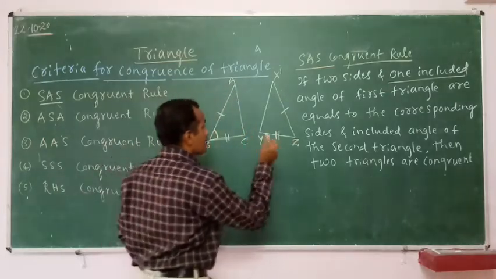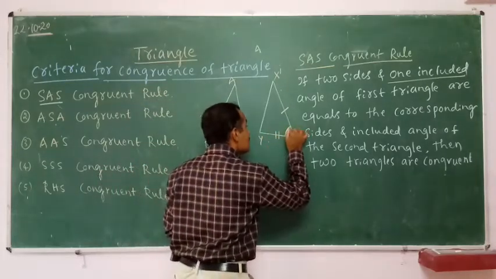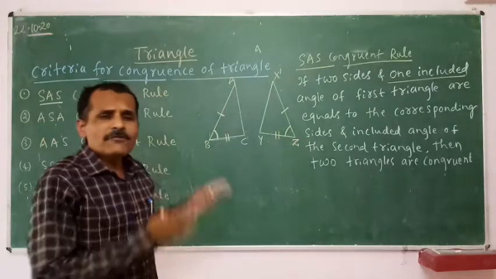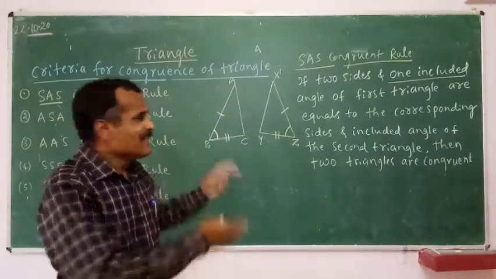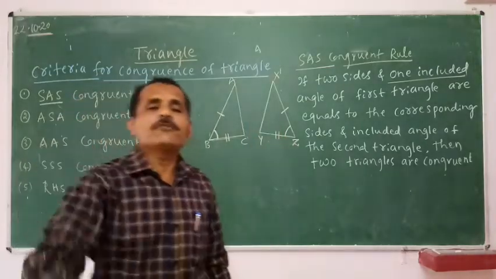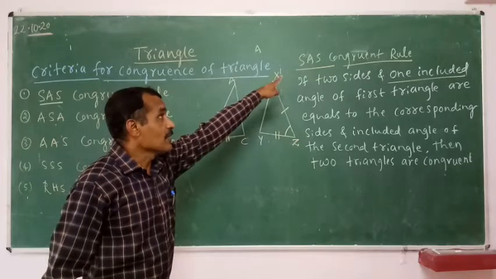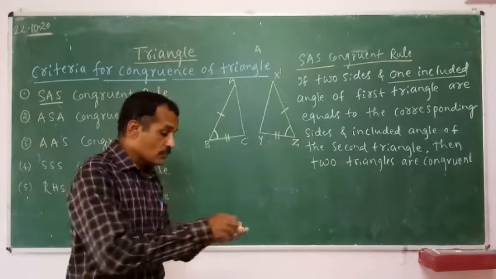I can take angle B and angle Z are equal. If these three things from here and these three things from there are equal, I can confidently say yes, the triangles are congruent based on the SAS congruent rule. What will I write here?